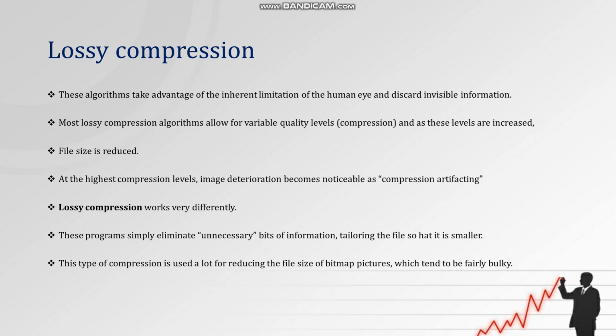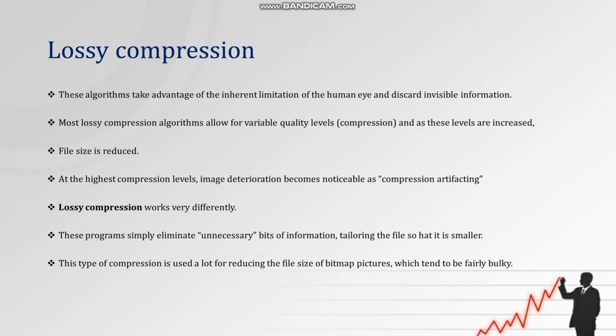Lossy compression. These algorithms take advantage of the inherent limitation of the human eye and discard invisible information. Most lossy compression algorithms allow for variable quality levels, and as these levels are increased, file size is reduced. At the highest compression levels, image deterioration becomes noticeable as compression artifacts.